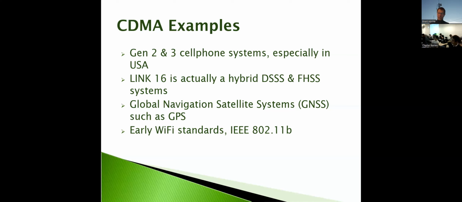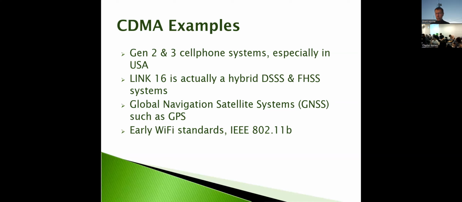So I measure the time at which I'm getting these different pseudo-random codes, and I'm able to look at one frequency band and extract these different ones because they're using orthogonal codes. I despread them and then compare the times, and I can do some mathematical calculations and figure out where I'm at and what time it is, right?